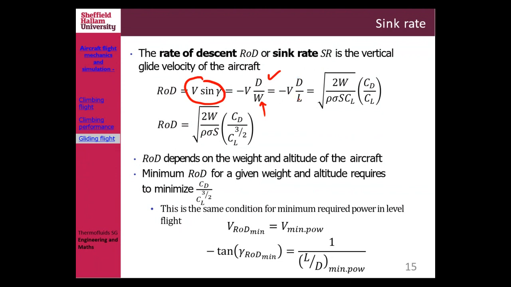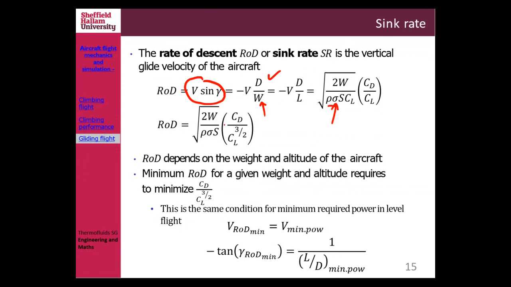Now you know that V is the square root of 2 times the weight divided by rho S CL, where rho here is the density at your altitude, because there is also a density ratio there.